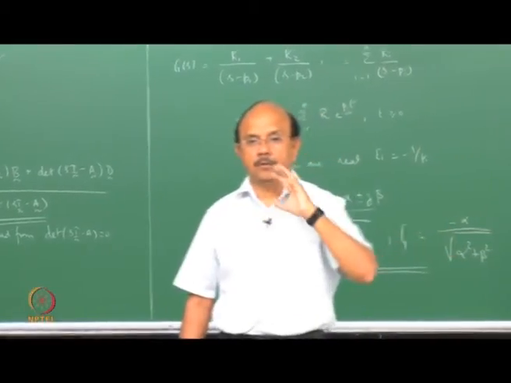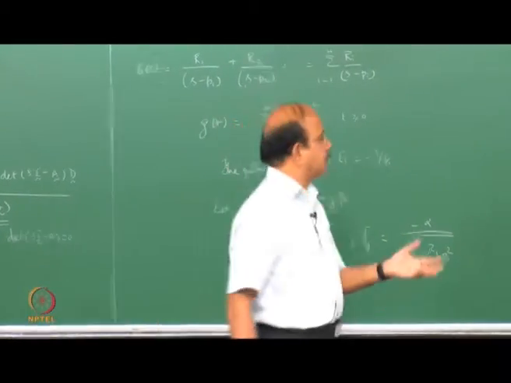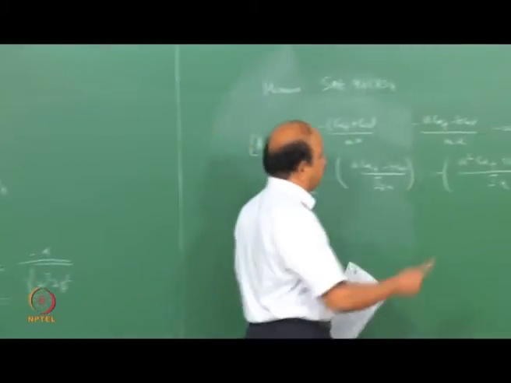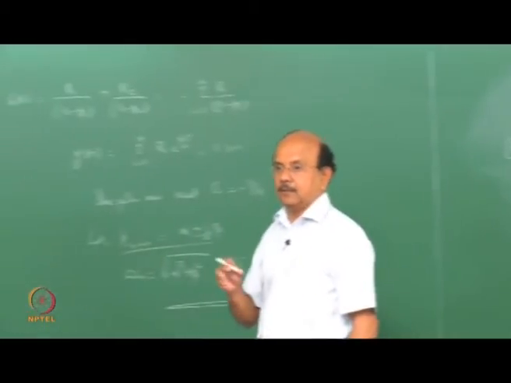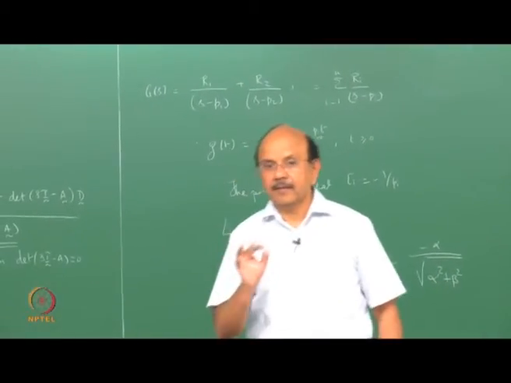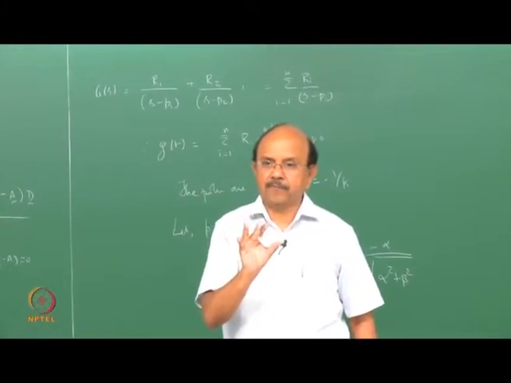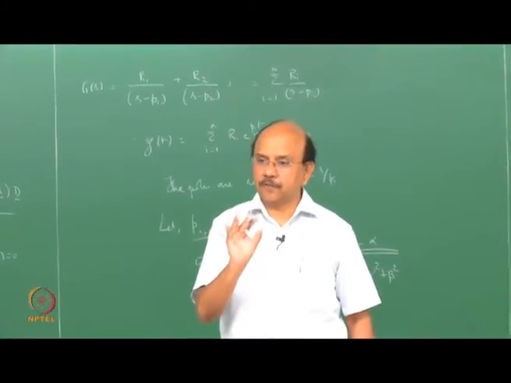So this looks like an accepted practice, but I would like to warn you that when you read a paper or a book, be clear how this definition is given.